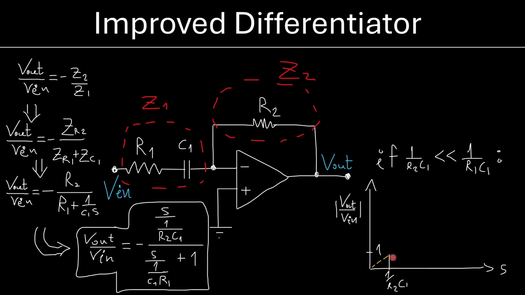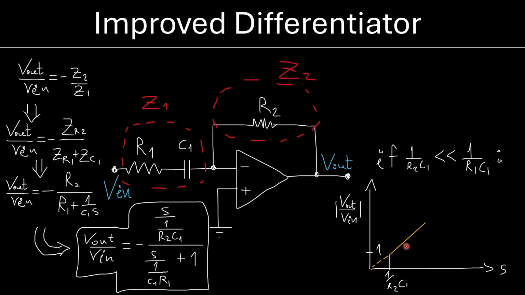Why is this point important? It's important because, as we said in the beginning, we want to amplify the differentiated input. We want an amplification at the output. So this point is important because below this, we don't really have an amplification.